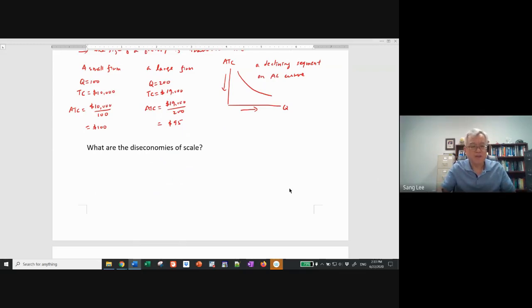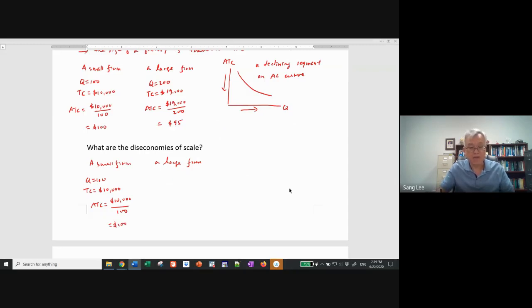So, for example, again, a small firm and a large firm. The small firm produces only 100 and the total cost is 10,000. So average total cost is 10,000 divided by 100, so a typical unit costs you 100.